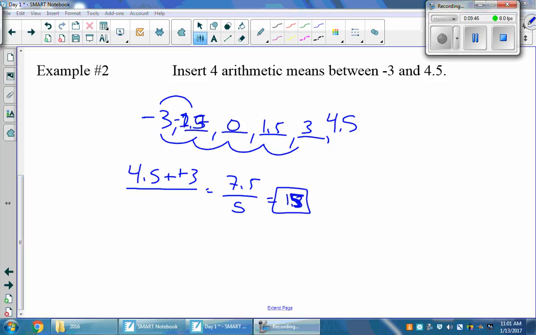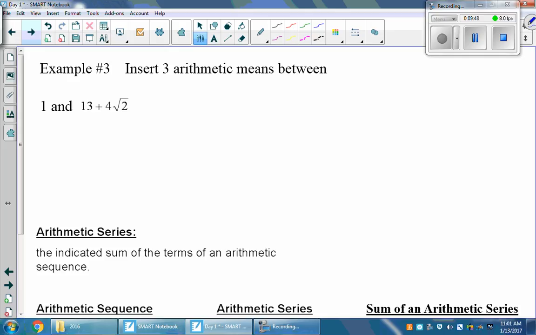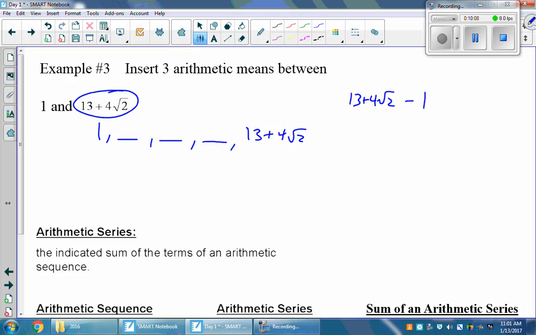I'm back. Had to get a calculator. Next one. I can give you harder ones. Ooh, square root of 2. So 1, insert 3 arithmetic means. Don't be scared off by that. It's the same thing. So it's 13 plus 4 square root of 2. So first thing you do is subtract them. 13 plus 4 square root of 2 minus 1, which gets me 12 plus 4 square root of 2. Divide by the number of jumps, 1, 2, 3, 4, or the number of spaces plus 1.